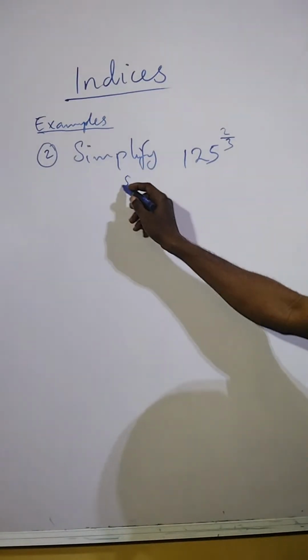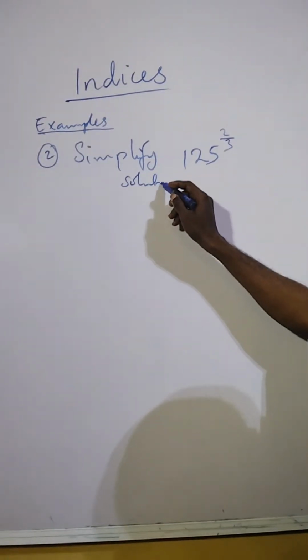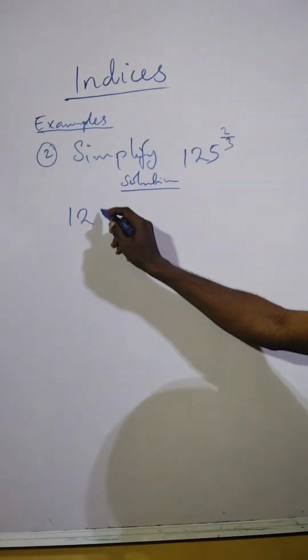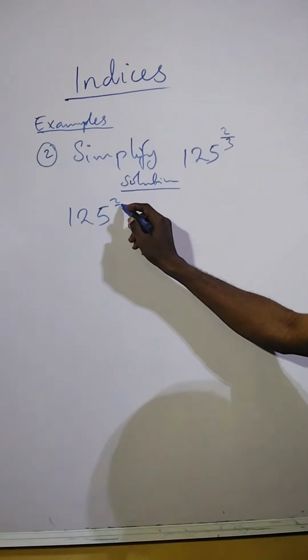So for the solution, this is just a fractional index. So we have 125 raised to power 2 over 3.